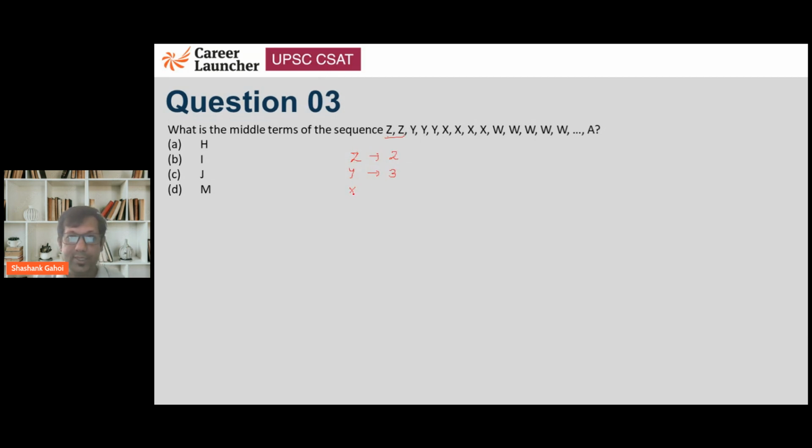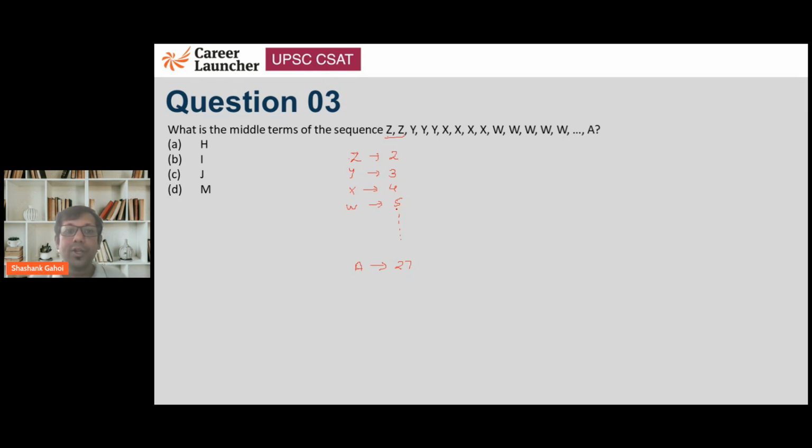Then let's look at X. X is the 24th letter and it is appearing 4 times. W is appearing 5 times, and this is the arrangement. So when I go till A, how many times is it going to appear? It is going to appear 27 times because 1 to 26 and the first value itself is 2. So it is going to go from 2 to 27. Okay. And this is what we have.